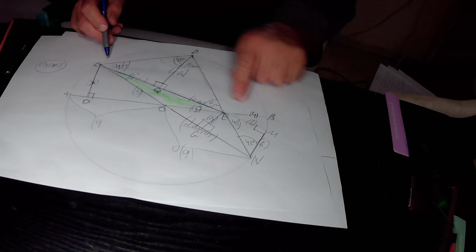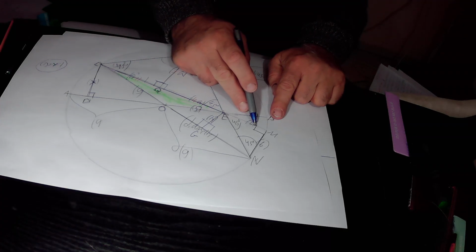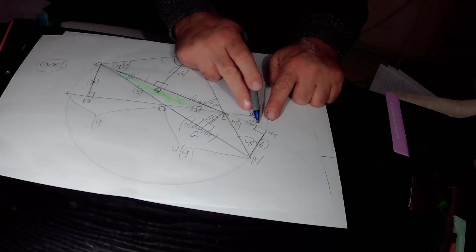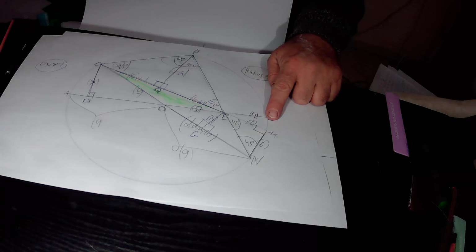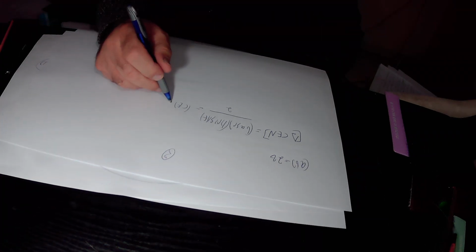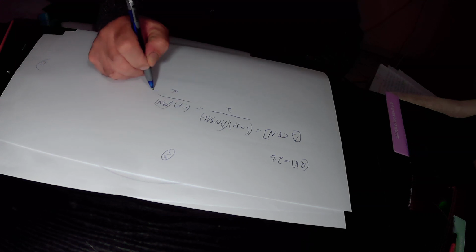The extended base is CM, so we say that MN is at 90 degrees with this extended base CM. Therefore, MN is the height to the extended base, over 2.